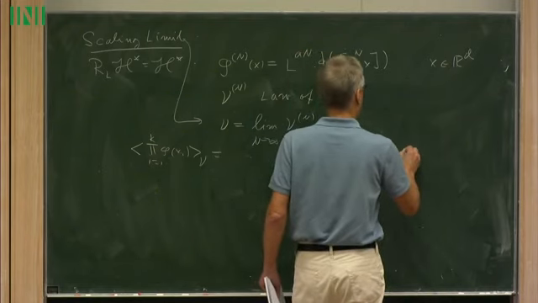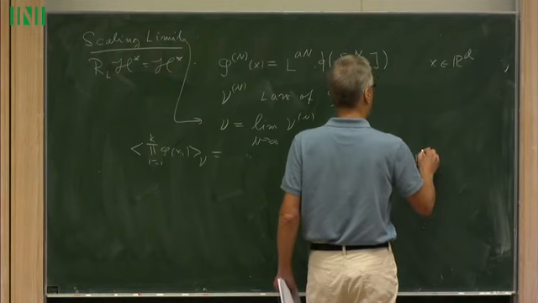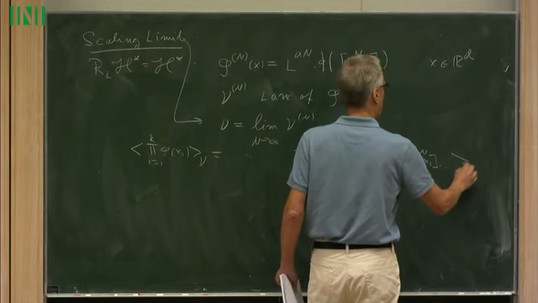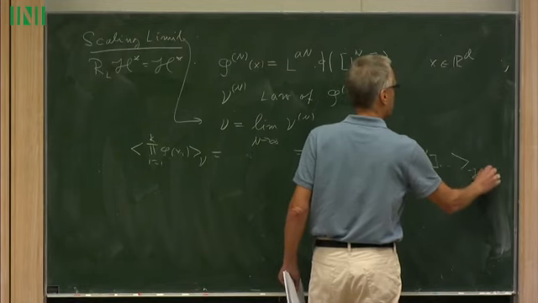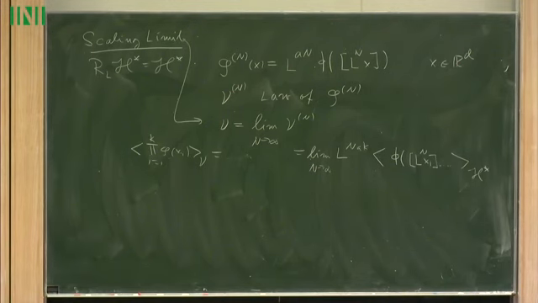You take the lattice field and you look at it at L to the power n x_1, and look at it at the fixed point. Okay, you just look at long distances and scale. All right. So suppose that exists.